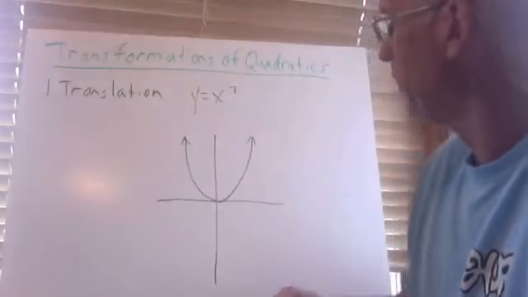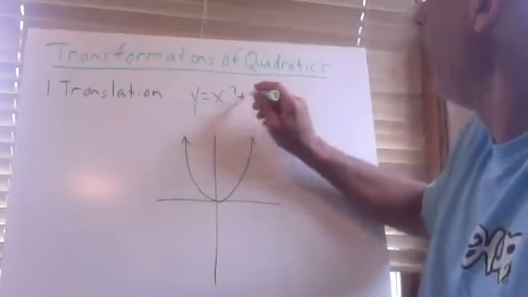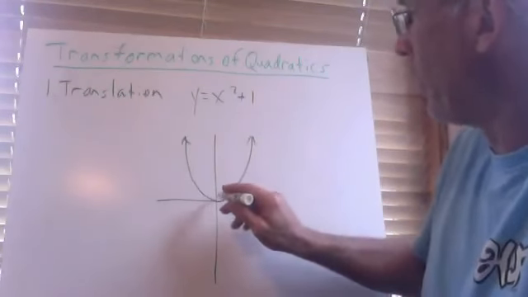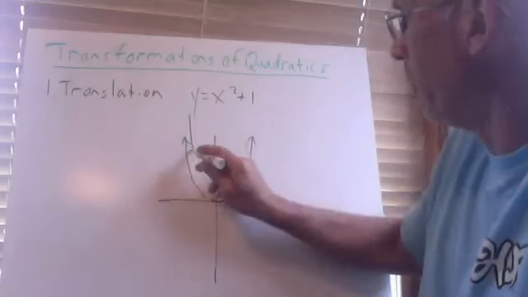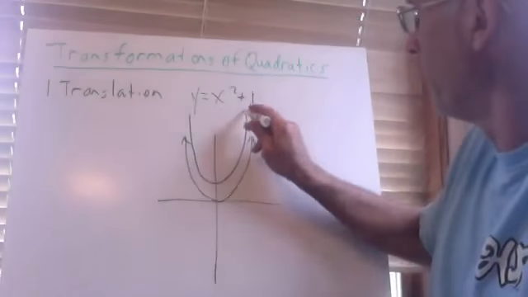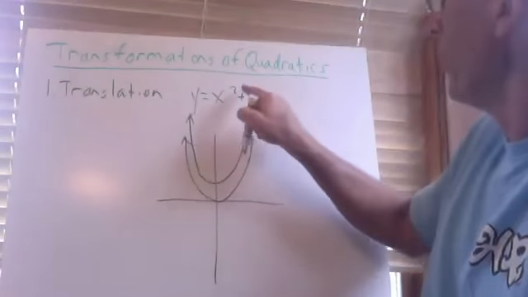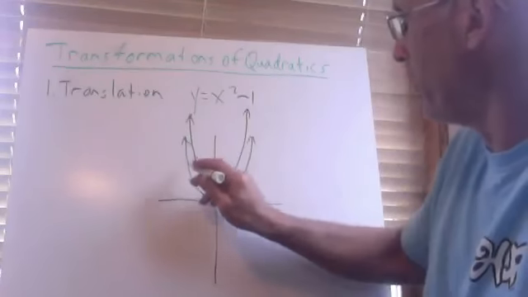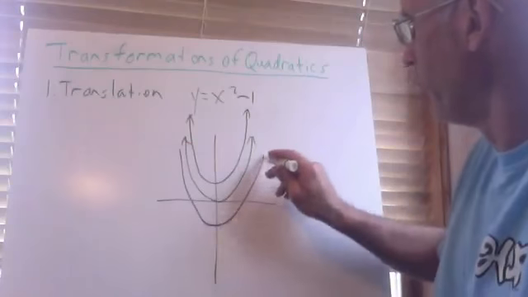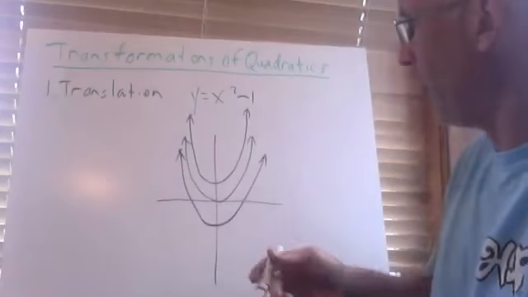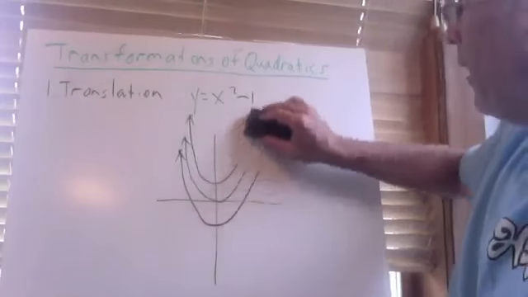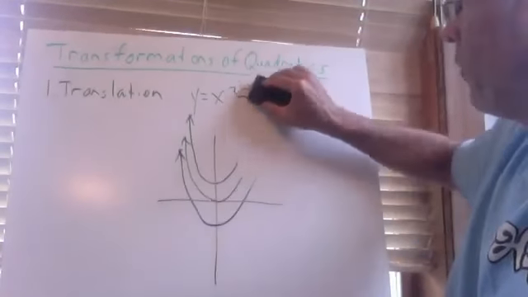If I add, then I move this exact parabola up one. If I subtract, then I move the exact same parabola down one. Okay? So same shape, just moving it up or down, and the way you do that is by adding or subtracting here.